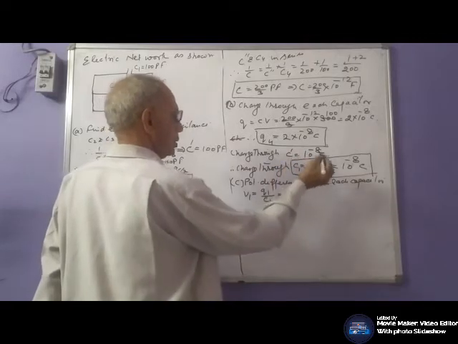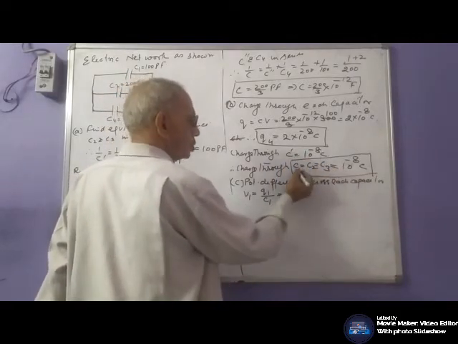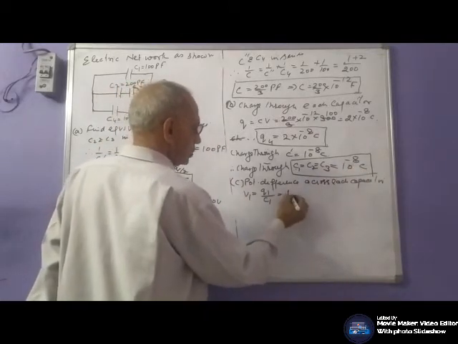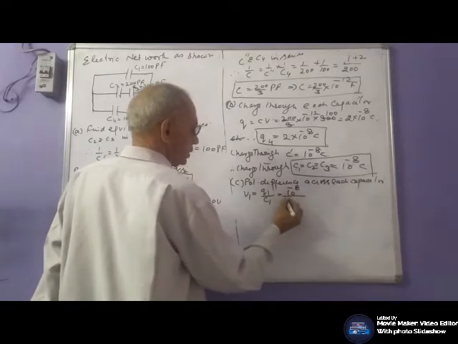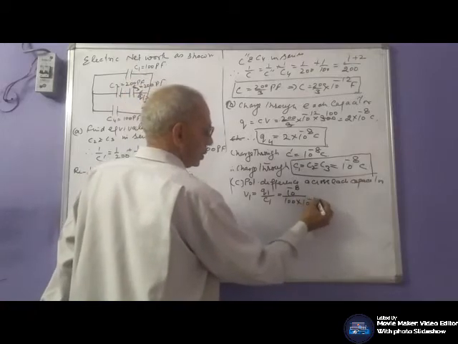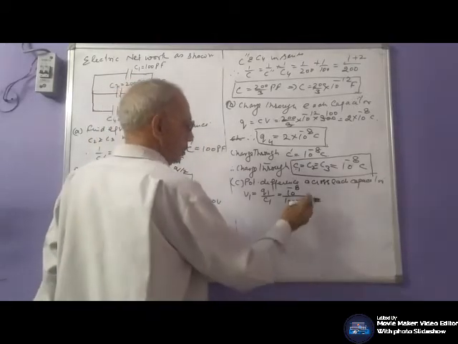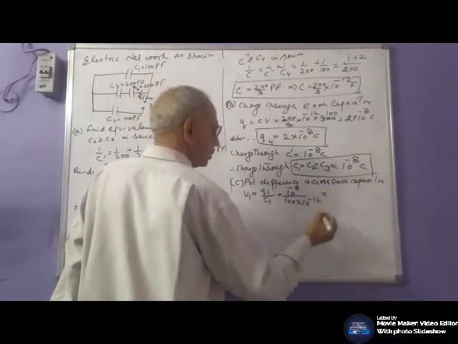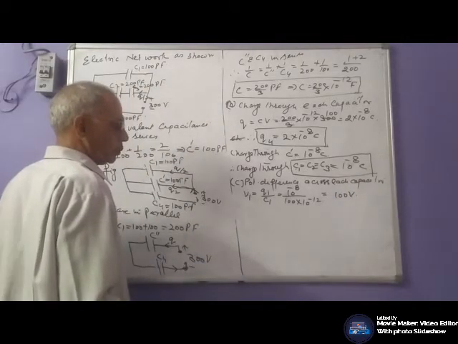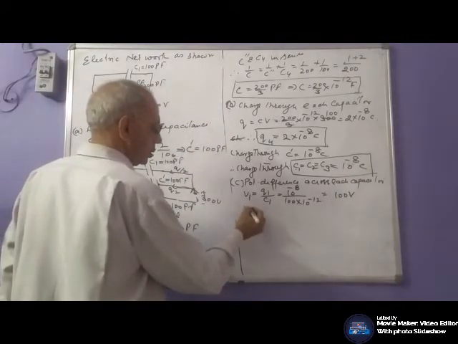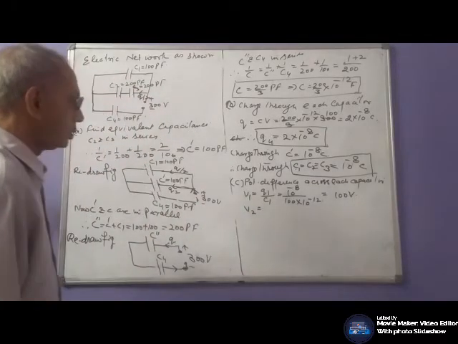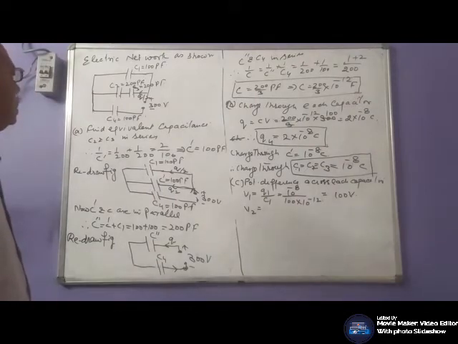Q1 is this. Through C1, C2, C3 was same. So Q1 is 10 raised to power minus 8 by C1, 100 pico. So it is 100 volt. V2 is 100.